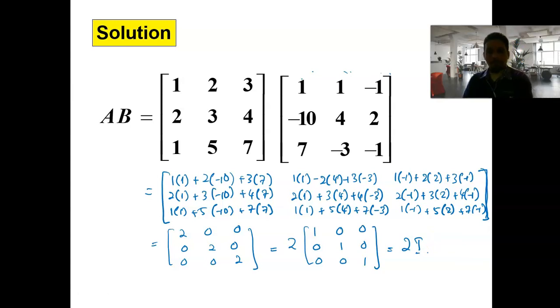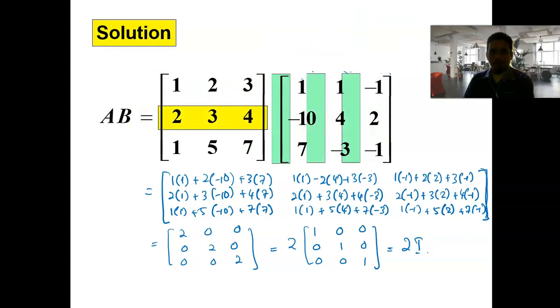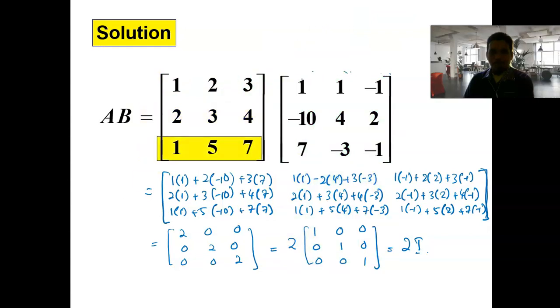So the next, and then the third row with every column here. Okay, so now A multiplied with B equals 2I. So then k equals 2.